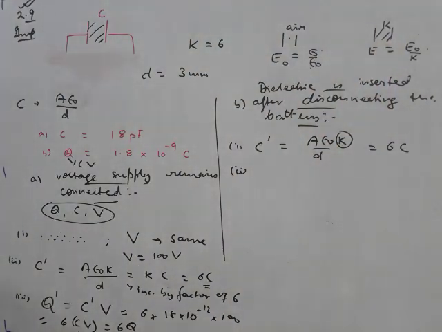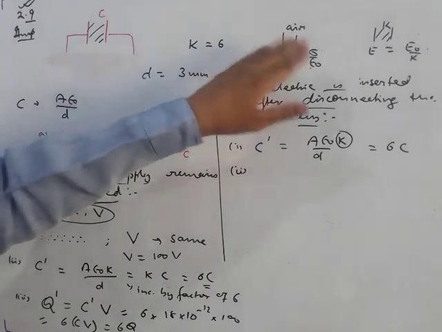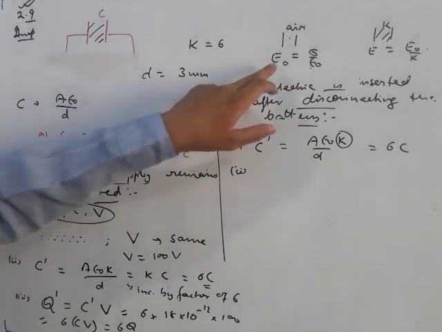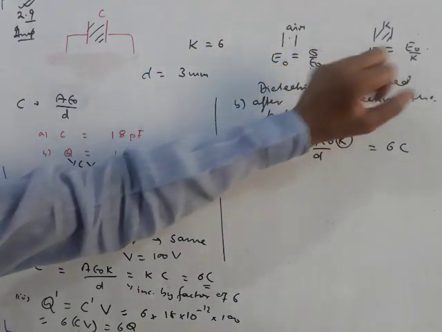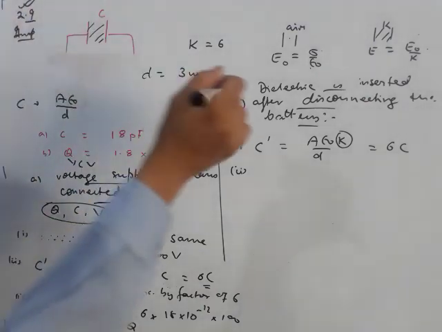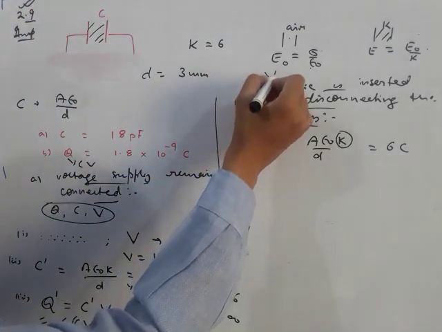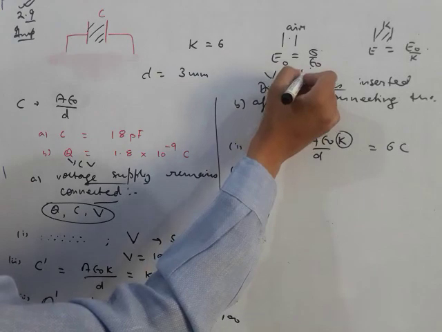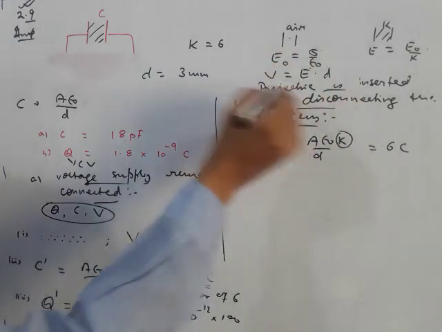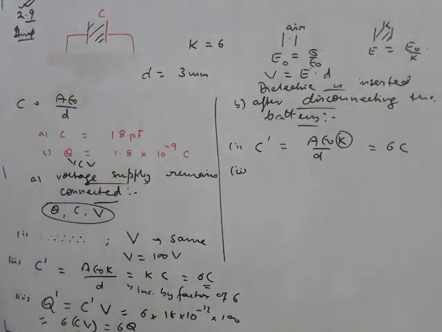If this is E naught, this becomes E naught by K. So remember, students, whenever a dielectric is inserted between the plates and there is no battery connected, then the electric field is reduced by a factor of K. You know, students, potential difference between the plates of the capacitor is given by the formula E into D. D is the distance between the plates.